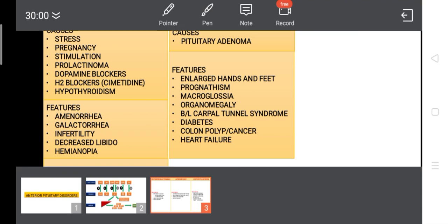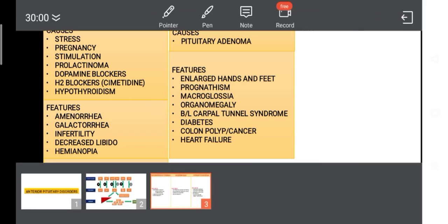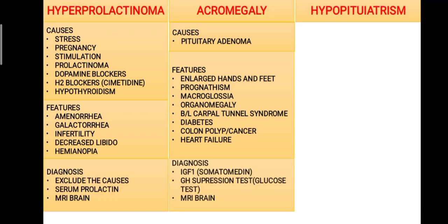Now to diagnose this, we have to check for the levels of IGF-1, that is the somatomedin. Previously we saw that the growth hormone doesn't directly go to the organs and exert its effect. It first goes to the liver, then causes IGF-1 to be released. So we measure IGF-1.